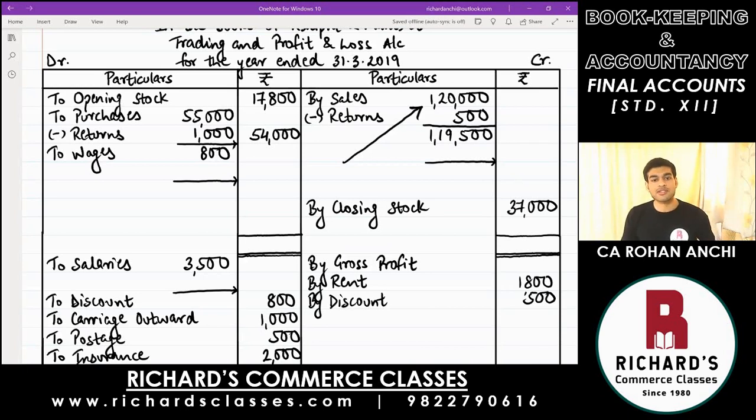So that is the error firstly done. Sales include sale of machinery. So if this sales already has sales of machinery, your objective is to remove that type of sales which is not of goods. So first effect is get rid of those sales which is not goods. So deduct from here minus, write down sale of machinery.